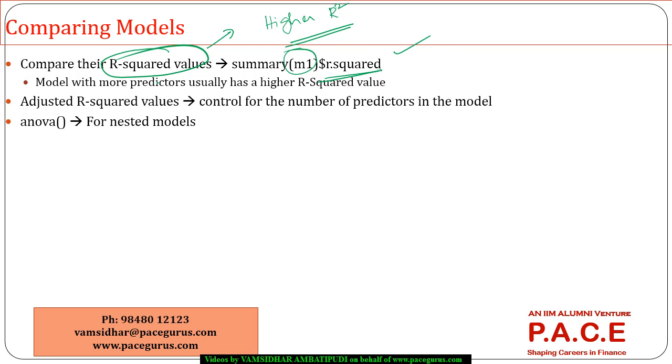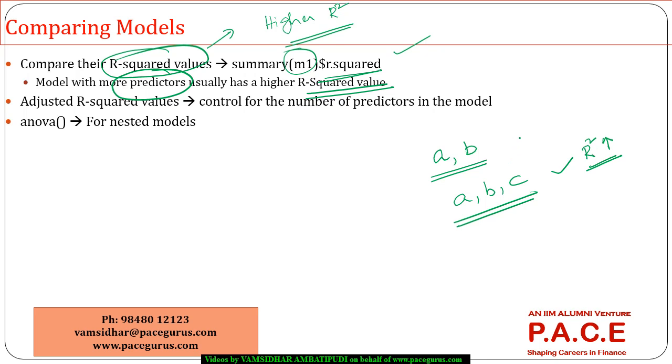But at the same time, a model which has more predictors generally has a very high R squared value compared to a model having just a few predictors, and that too in a nested model. Let's say if A and B are the predictors of model 1 and A, B, C are the predictors of model 2, this model will have at least a marginally higher R squared compared to the other in any case.